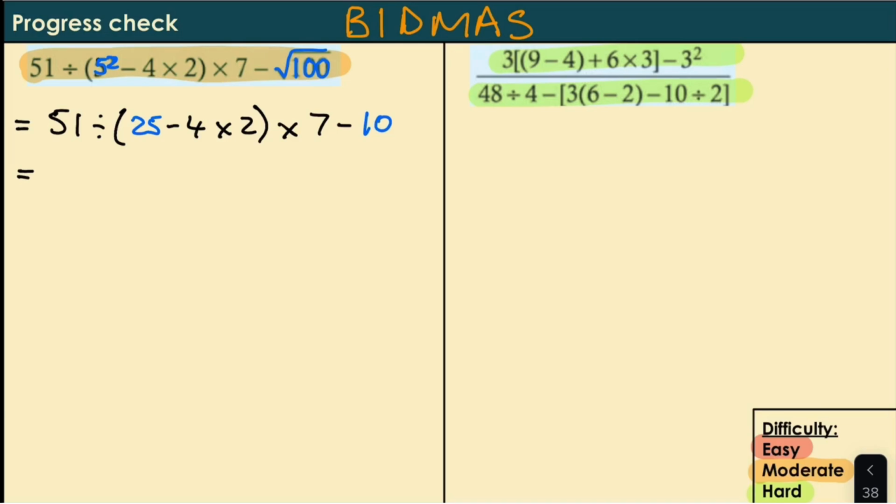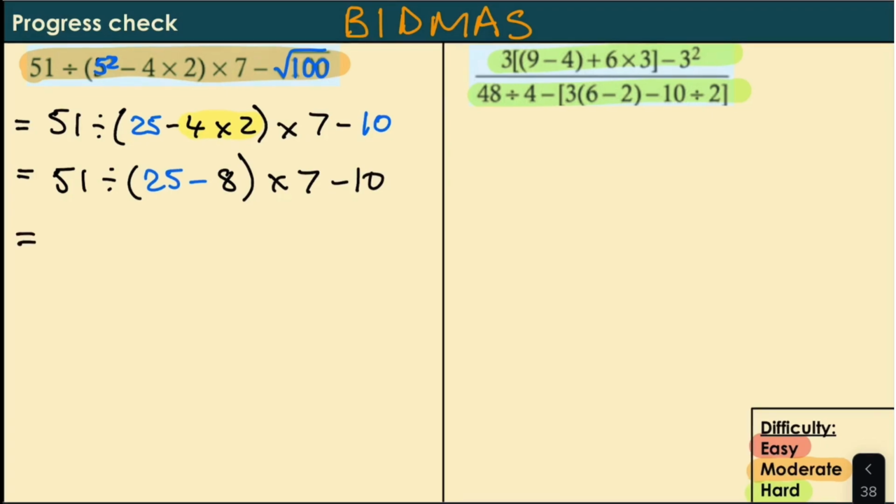And inside the brackets, if I have a look there, I can see, am I going to subtract 4 or am I going to multiply 4 by 2? Well, we always multiply before subtracting. So I need to multiply the 4 by 2. So, still working inside the brackets, I'm going to simplify that. 25 subtract 8 is 17.